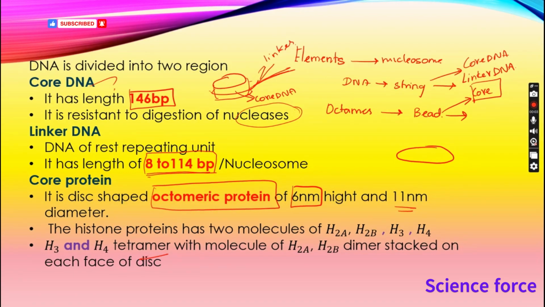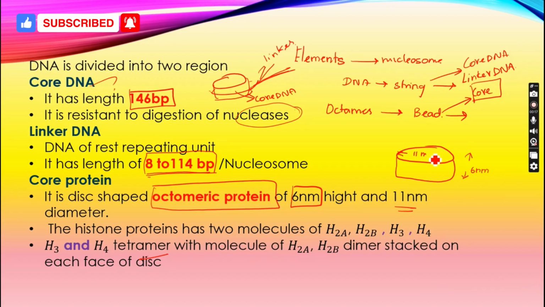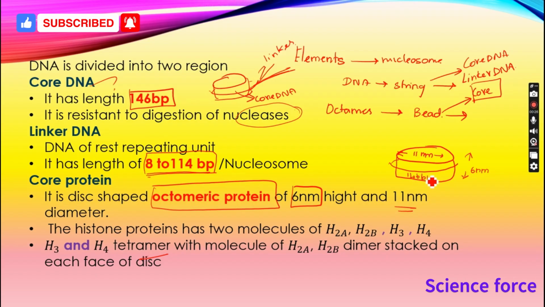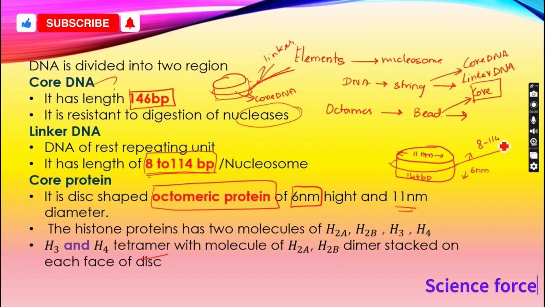The DNA wound around it has 146 base pairs, and the linker DNA is 8 to 114 base pairs.